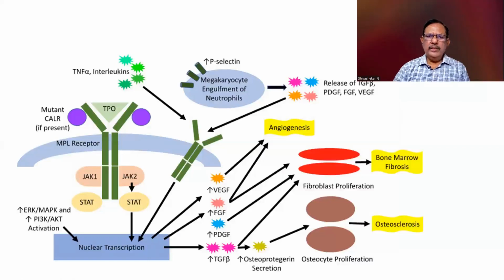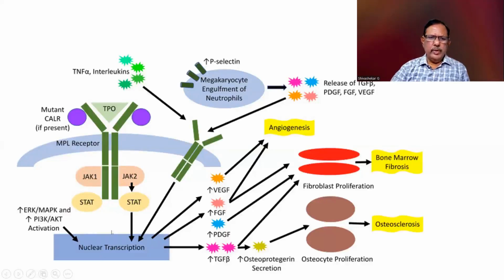Regarding the pathogenesis, it is not a theory class that I am taking, but still for the sake of it, whatever we had touched upon, let us see if we can see it in this picture. MPL receptor. There can be an abnormality in this. Mutation in the CALR. So this can be the JAK1 and JAK2. There can be abnormalities in these regions.